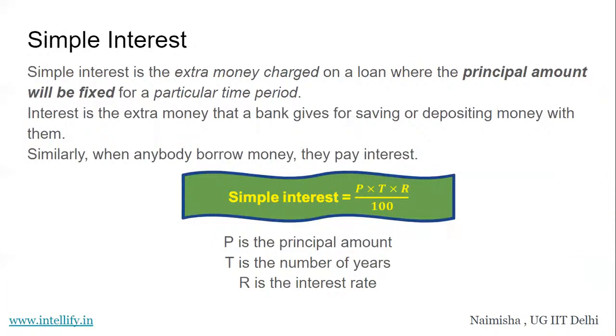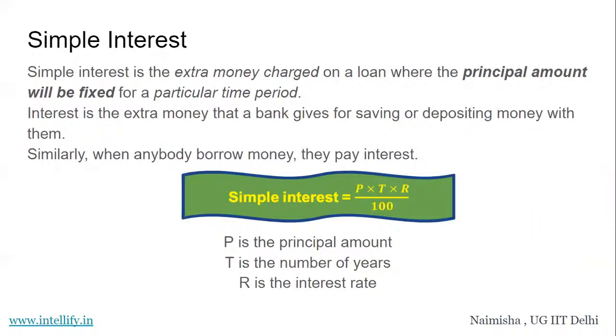Now let's study simple interest. Simple interest is the extra money charged on a loan where the principal amount is fixed for a particular time period. Interest in general is the extra money that a bank gives for saving or depositing money with them.